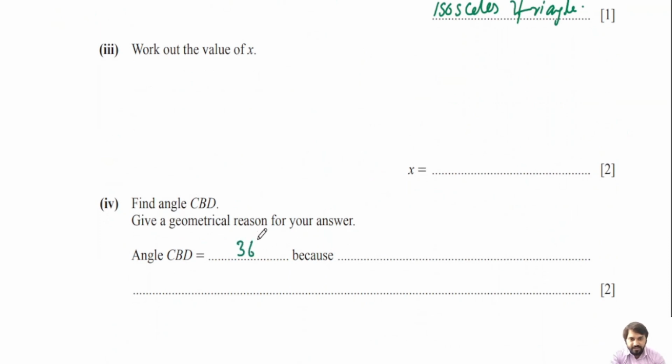So angle CBD is 36 degree because of alternate interior angles, or simply alternate angles. That is the reason.